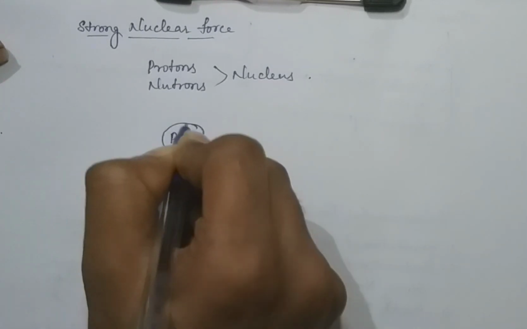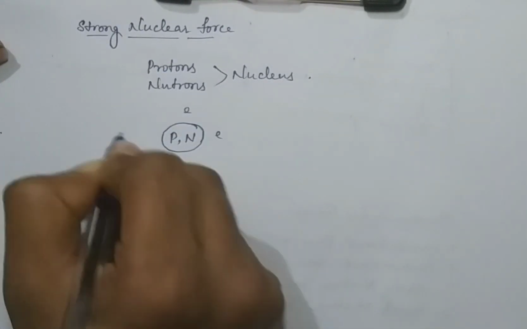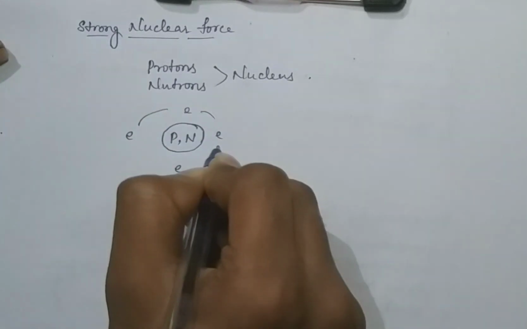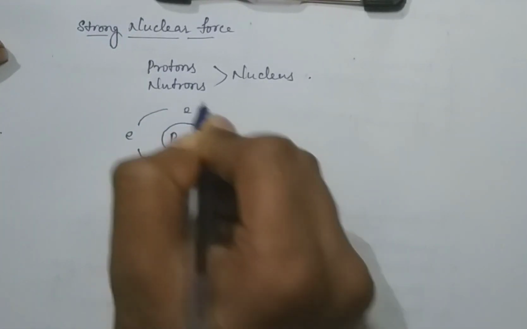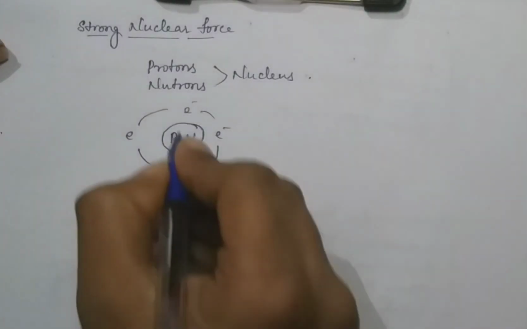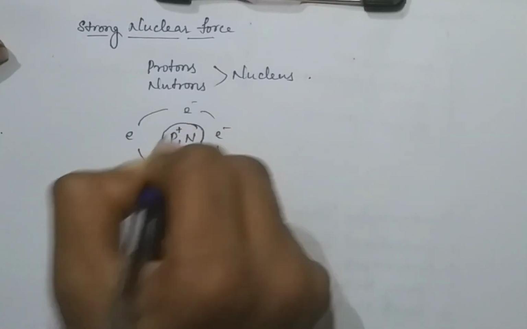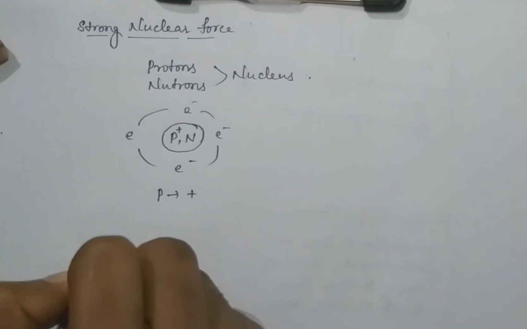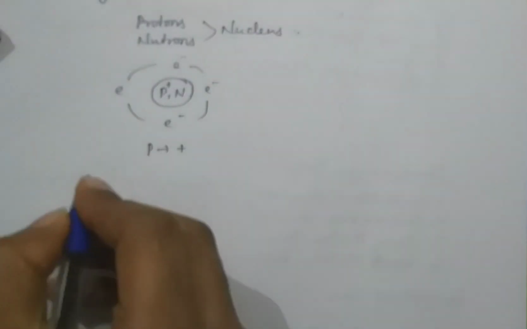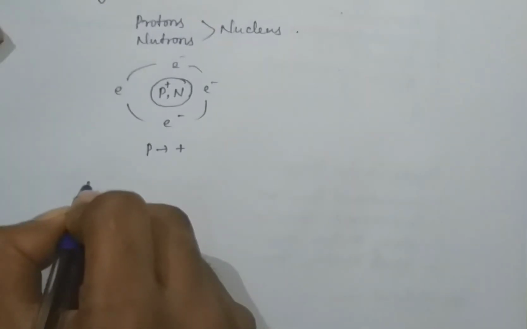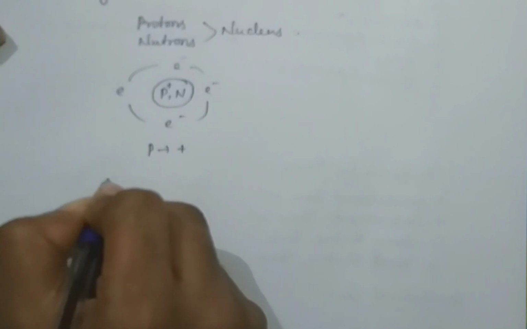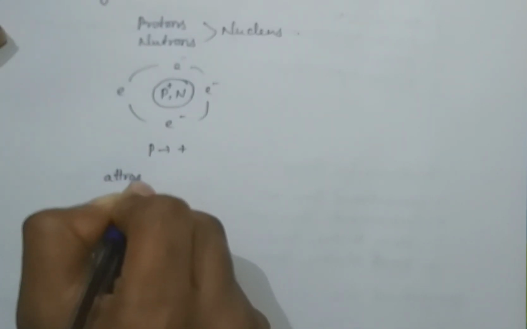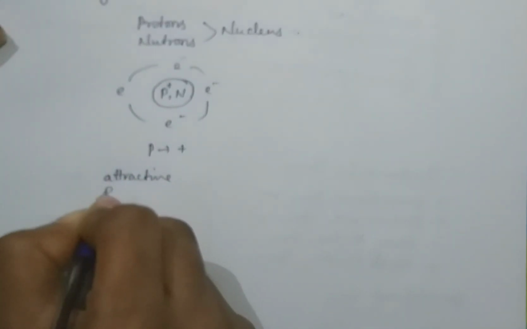Around these protons and neutrons, there are lots of electrons, which are negatively charged. Protons are positively charged. As I said earlier while studying the electromagnetic force, the electromagnetic force is attractive as well as repulsive.